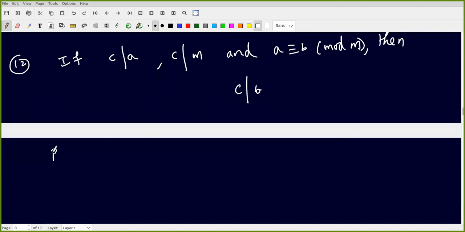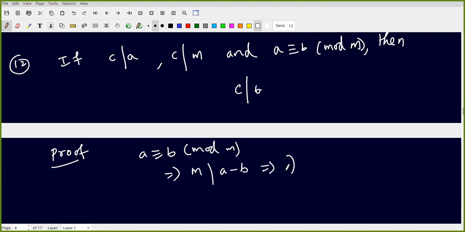The proof is very easy, just by the definition of the congruence property. A congruent to B modulo M implies that M divides A minus B, which implies there is an integer Z such that A minus B is equal to MZ.